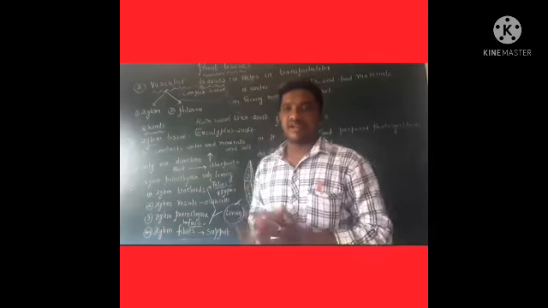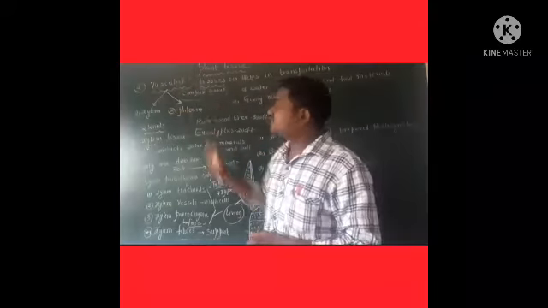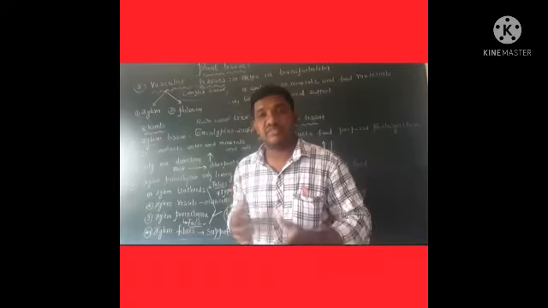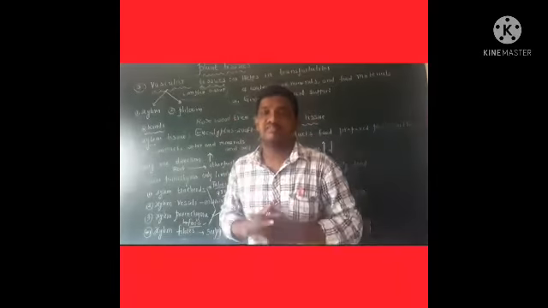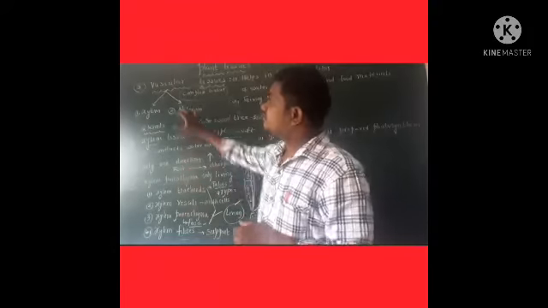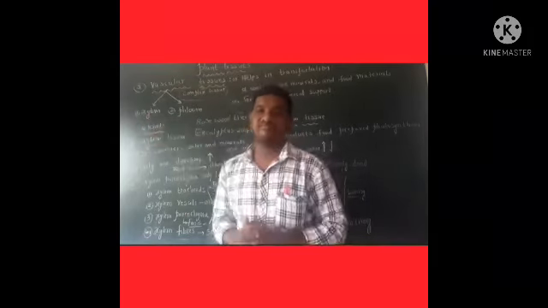Okay. Coming to vascular tissues. Vascular tissues are complex tissues. Complex tissues means it consists of complex structure. So these are called complex tissues. It consists of xylem and phloem tissues.